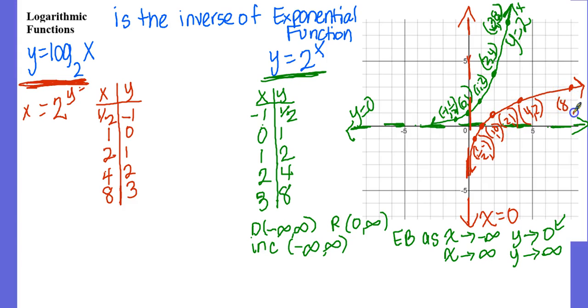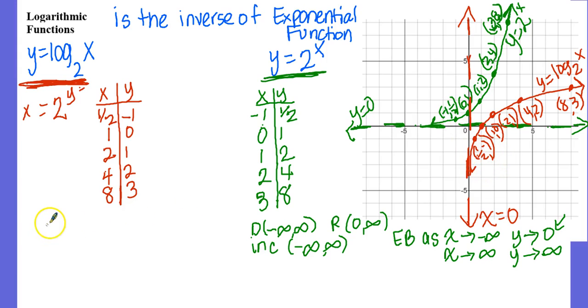This time I'm going to do it right, 8, 3. And we'll label this y equals log base 2 of x. And hopefully you're seeing visually now how they're inverses of each other, because all of their corresponding points are inverses of each other. Negative 1 to 1/2 became 1/2 to negative 1.